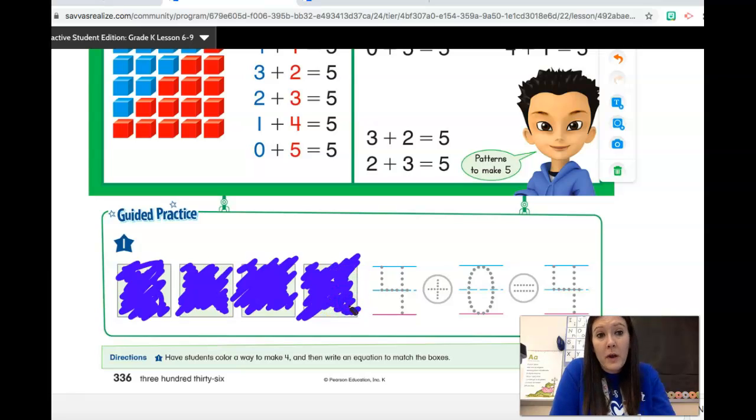This is just one way to make 4. There are lots of other ways. Let's write an equation that matches this way. We did 4 blues plus 0 reds, and that equals 4 in all. 4 plus 0 equals 4.